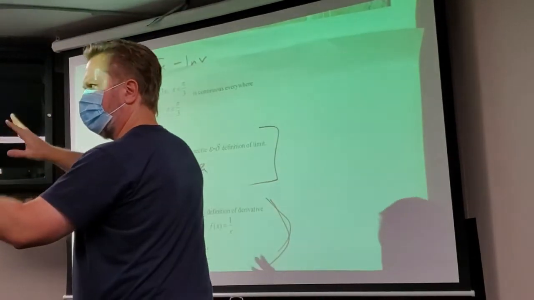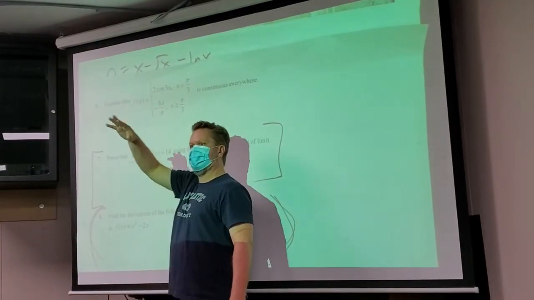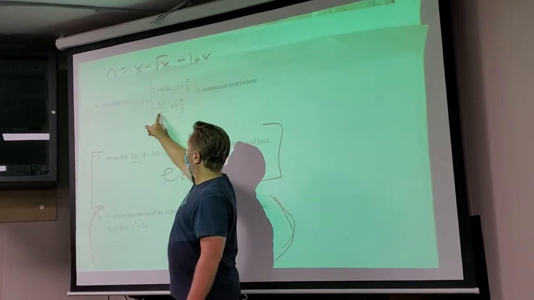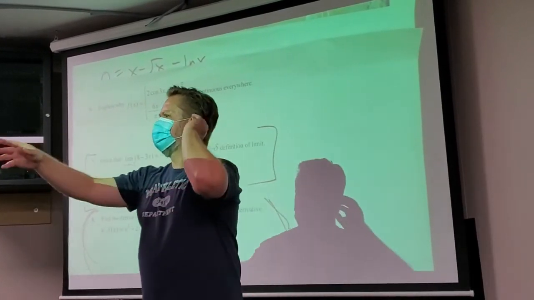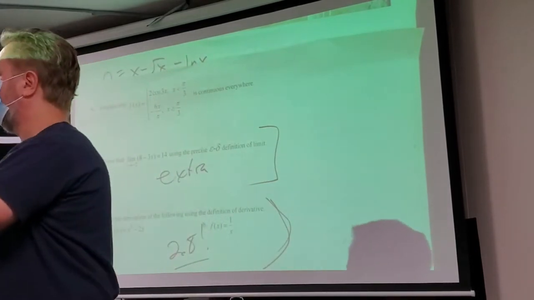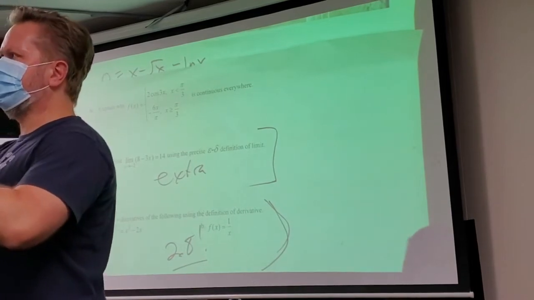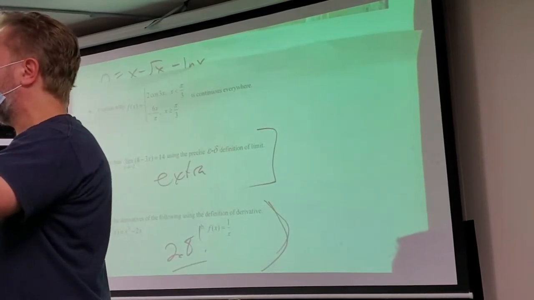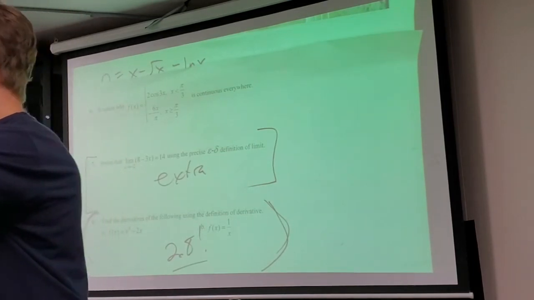Aren't they functions we know are? Isn't this a trig? So you'd say trig is continuous on its domain. And this is just, what kind of function is this? A line, so it's a polynomial. So it's continuous. So those are two of the many kinds of functions we know are continuous on their domain, correct? So those pieces are continuous.